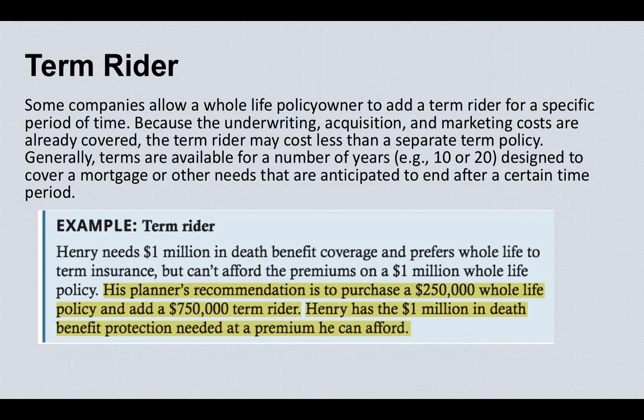So his planner recommended he purchase a $250,000 whole life policy and add a $750,000 term rider. So Henry has the $1 million death benefit protection he needs at a premium he can afford. So you can buy a $250,000 whole life insurance with a $750,000 term rider. That's a very neat rider, right?